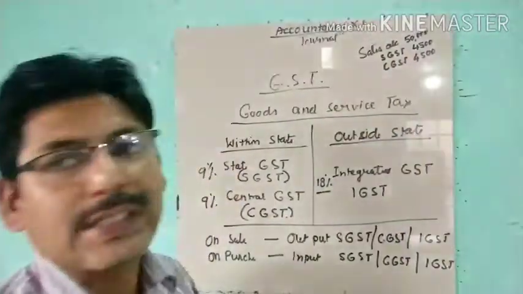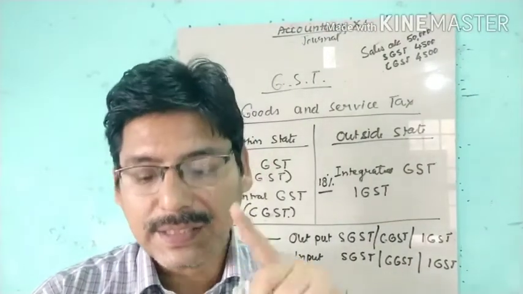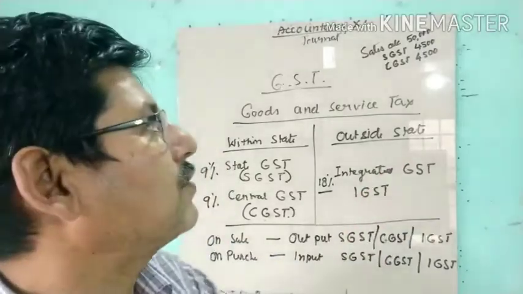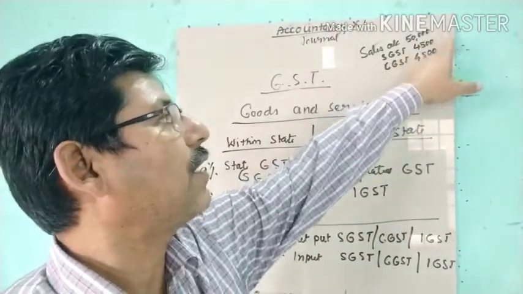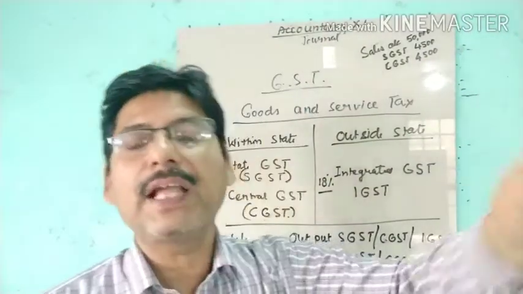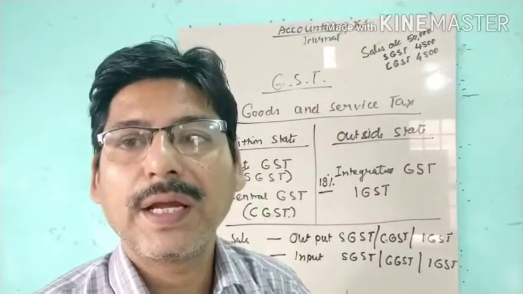Then when we are selling the goods, GST will be charged at 18%, that is 9,000 rupees on this 50,000. 9,000 will be divided into SGST and CGST.